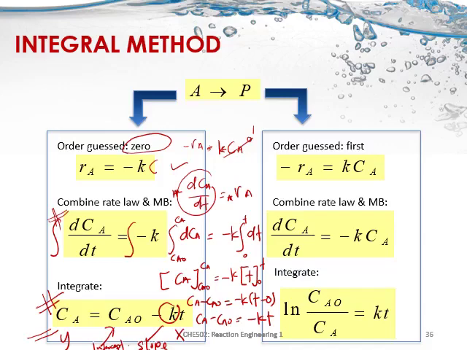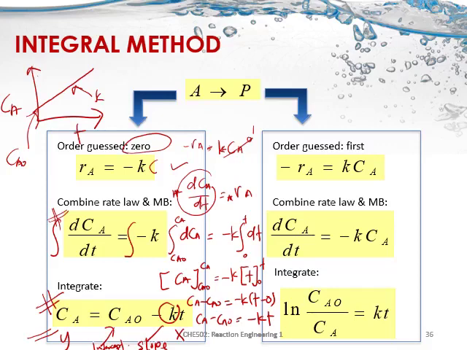Okay, so basically the graph will be, this is your CA, this is your T. Then it should have an intercept. Your intercept should be CA naught. And then the slope should be your K. Then solve.